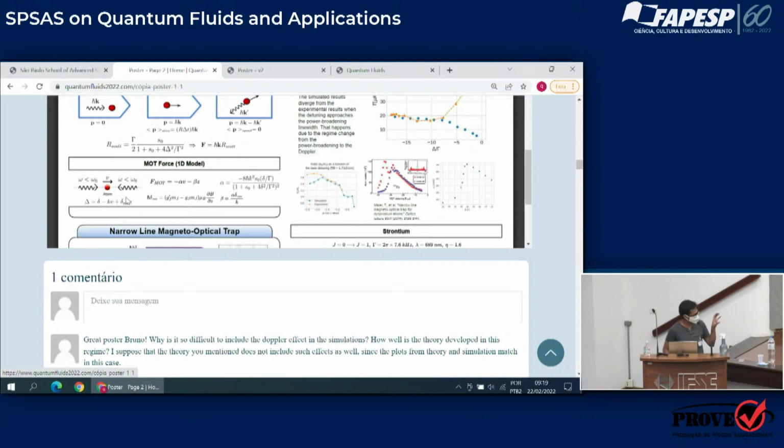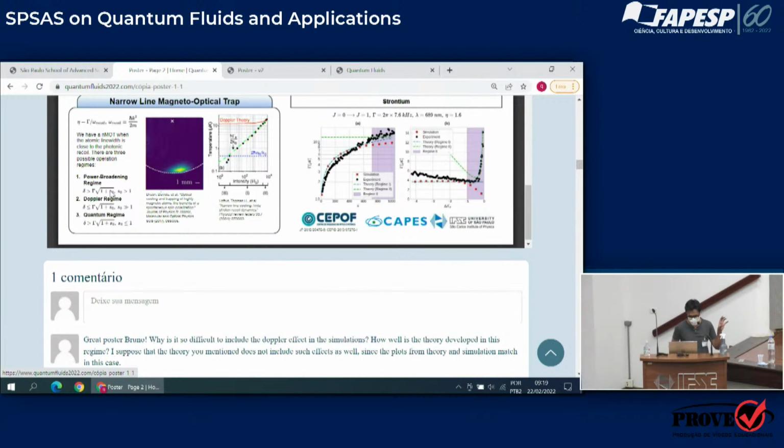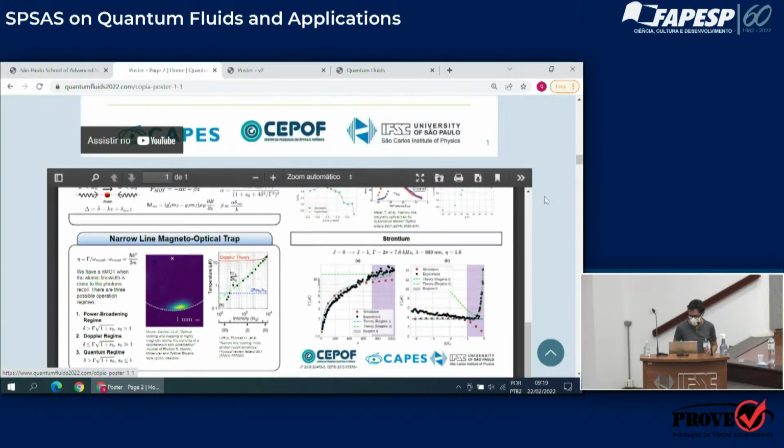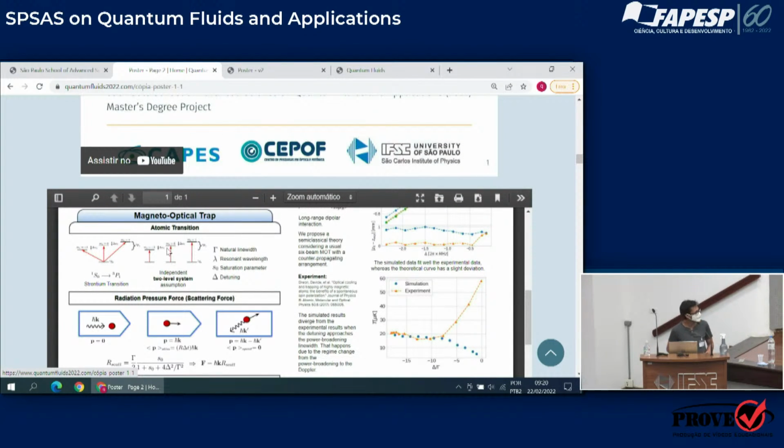But I think when Kyle is talking about the regimes, the Doppler regime is the usual regime, because in narrow-line magneto-optical traps, the cloud falls to a lower position compared to the center, and this is a key point to apply the simulation, because you consider two independent level systems. So here you have a picture of the optical transitions.